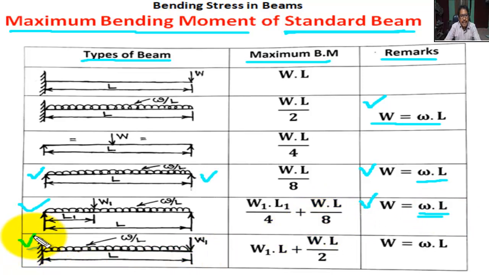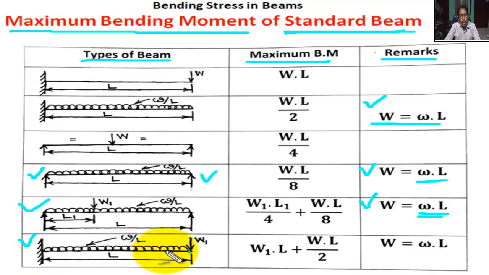This is the cantilever beam with UDL load, total length capital L, UDL load omega per unit length, and a point load W1 acting at the free end, this point.